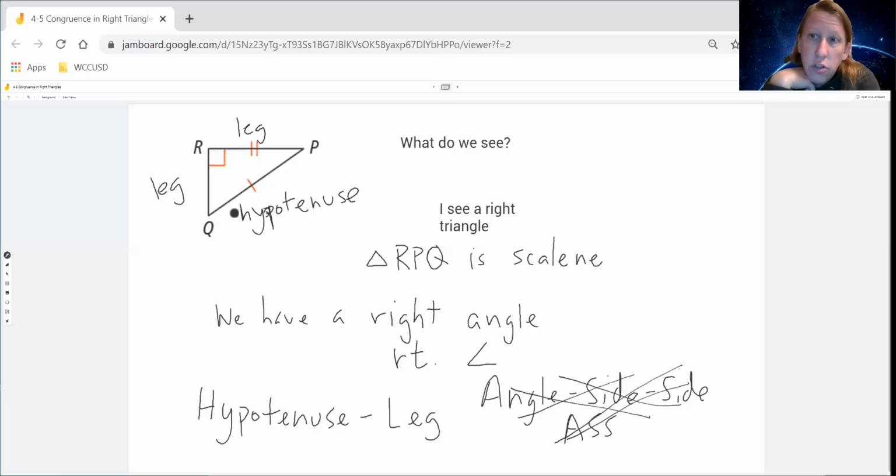The triangles that you drew would not all be congruent. Therefore, angle side side is not a way to show that triangles are congruent. But if that angle is a right angle, then it's allowed. So instead of calling it the ASS property for right triangles, they call it hypotenuse leg.